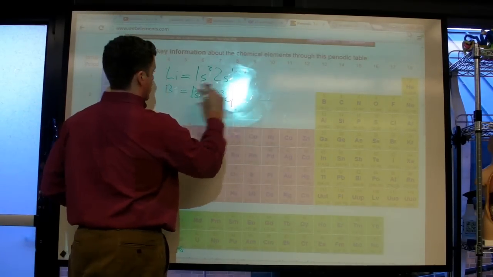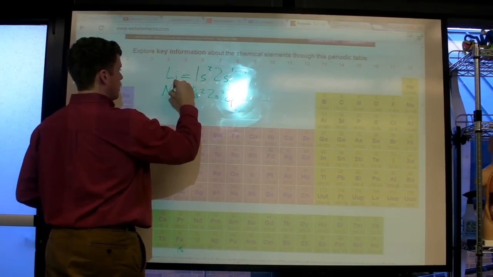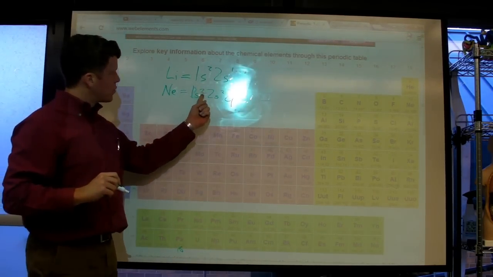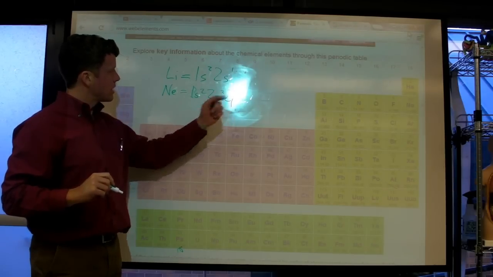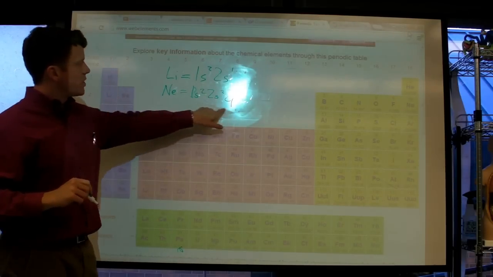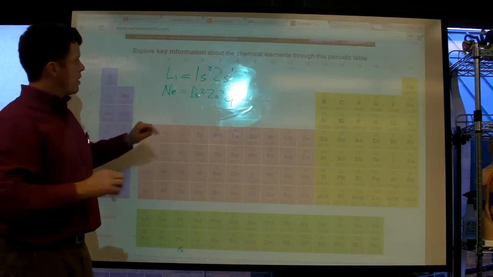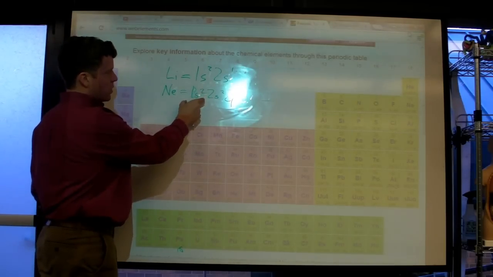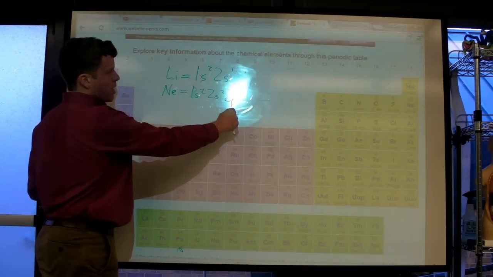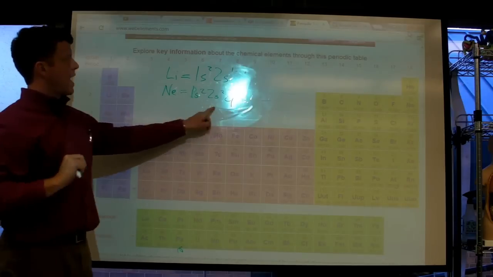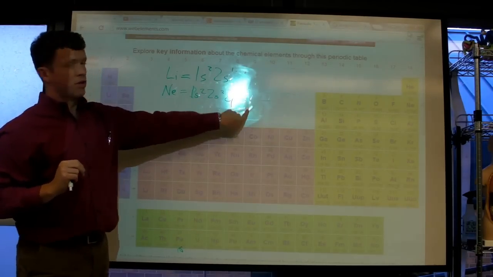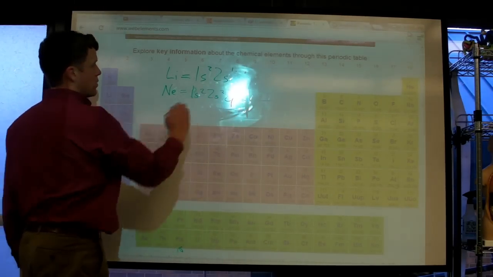That would be neon. It's got a total of 2, and 2 is 4, and 6 is 10 electrons. And this is how the energy levels fill up. So this would be the first energy level, this would be the second. If we go to the next energy level, we've got to add another orbital, but this one's full. Okay, so 2p is full.